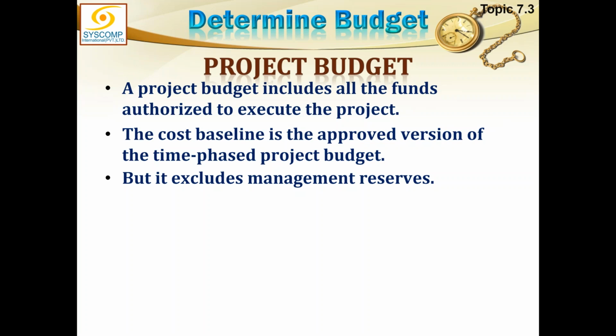Management reserve is never given to the project unless it is approved by top level management, and naturally that would happen only after all the reserves within the project and the contingencies have been exhausted. Only then will the project manager request funds from the management reserve, and it will be the will and wish of top level management whether to release those funds or not.